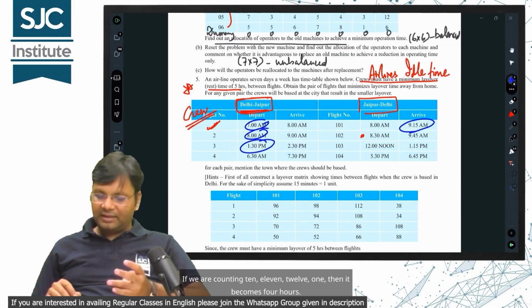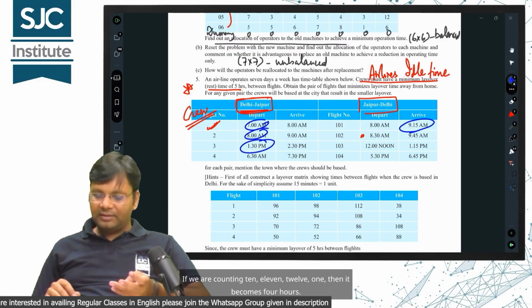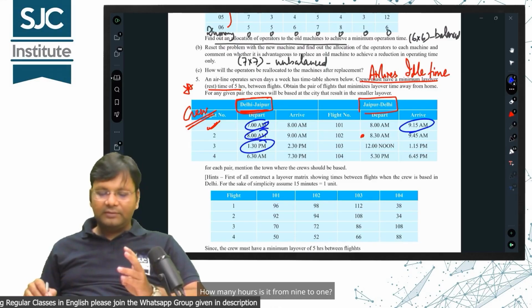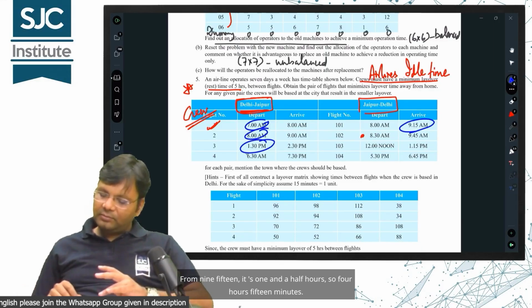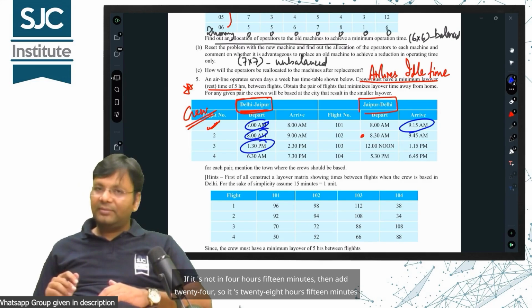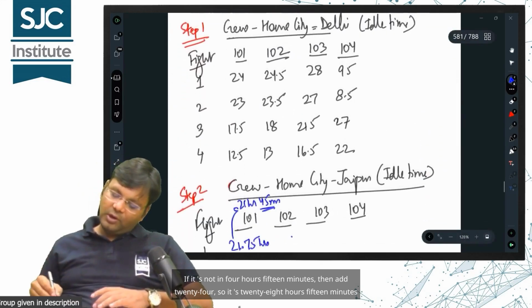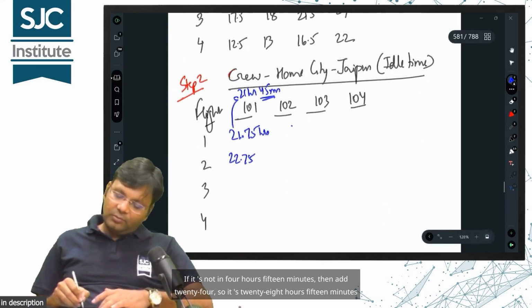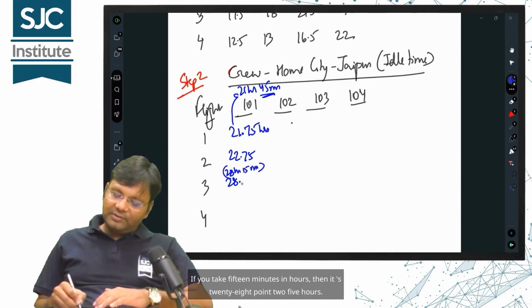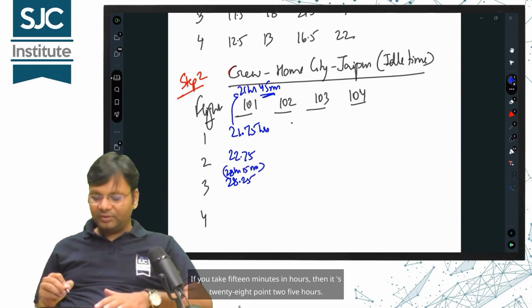If we are counting 10, 11, 12, 1, then it becomes 4 hours. How many hours is it from 9 to 1? 10, 11, 12, 1, that's 4 hours. From 9:15, it's 1.5 hours, so 4 hours 15 minutes. If it's not in 4 hours 15 minutes, then add 24, so it's 28 hours 15 minutes. If you take 15 minutes in hours, then it's 28.25 hours.